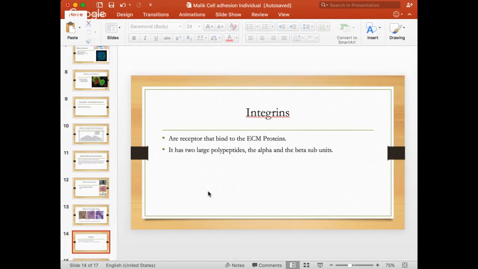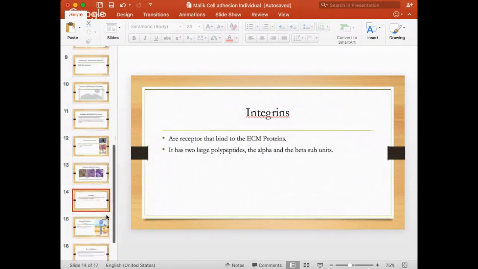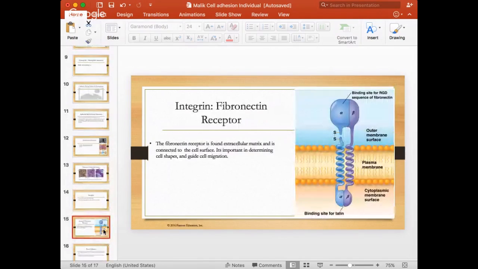Just a little bit about integrins. Integrins are the receptors that bind to the extracellular matrix proteins. Also, they have two large polypeptides, the alpha and the beta subunit. And as we continue, here we have this figure, and within this figure is the fibronectin receptor.